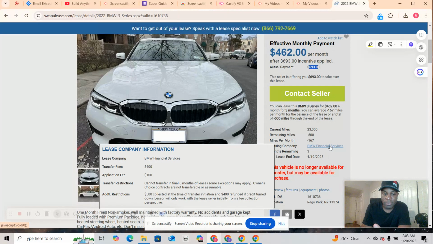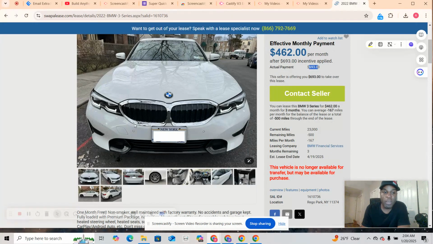Don't worry, because the cash incentives normally help you, but this is the easiest way to add a car on your credit. This is one of the easiest, fastest ways to add a car trade line: by taking over the lease.